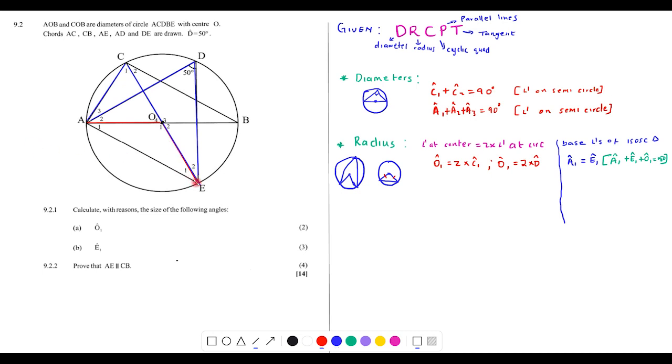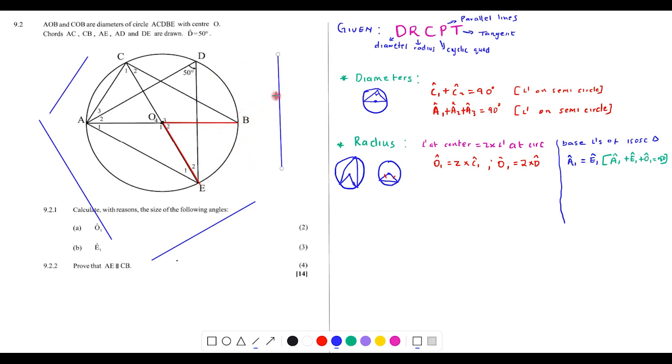this one, that is O2. When I'm looking at O2, that is the angle at center. Moving these away, let me take these away first, and then I'm going to be bringing them together. If they are multiple, then I'm going to do that. So that is my angle at center.